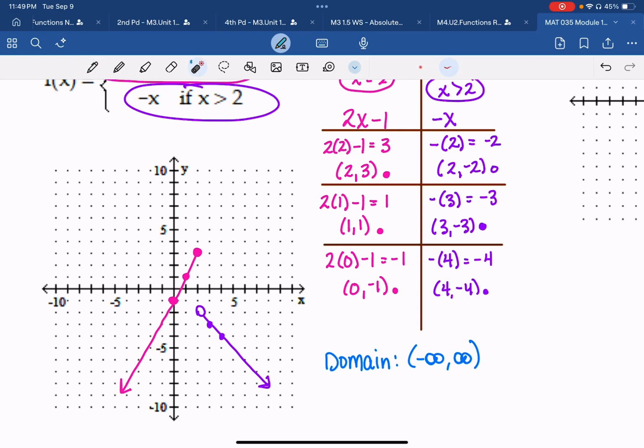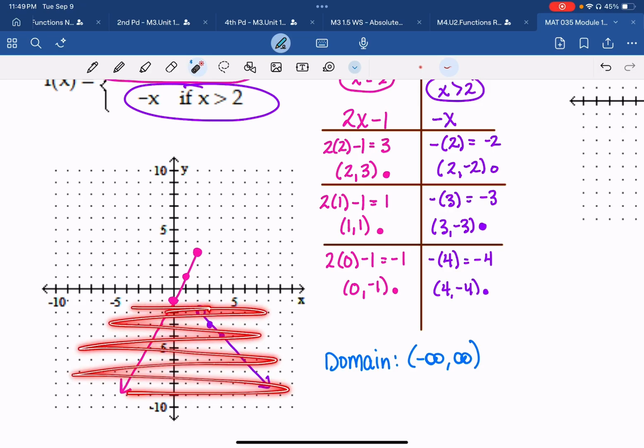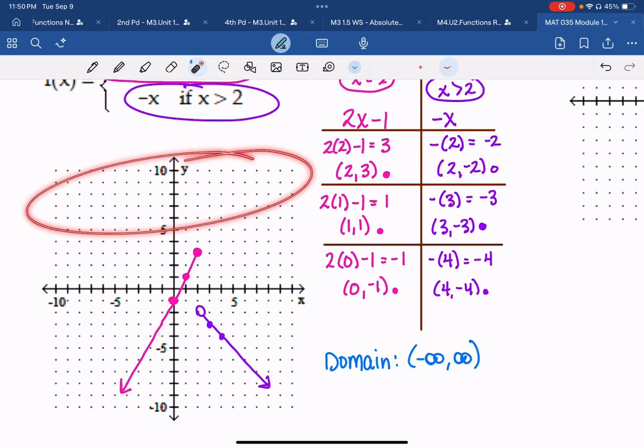Okay, let's look at the range. So this tells me I'm going down forever. It's okay that they overlap. That doesn't matter. I'm just making sure I don't skip any. So range is covered. I got y's. Got y's. Got y's. But then they stop. And I don't have anything up here.